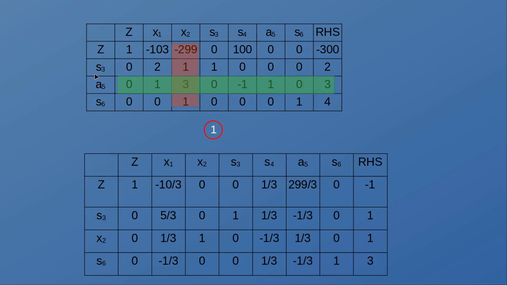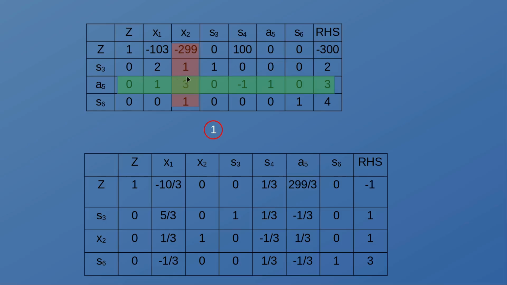Then, leaving the first equation, that is the Z equation, we take all the other rows, take the RHS and divide it by the coefficient under x2, and see where we get the least ratio. The least ratio, of course, is for A5. 3 by 3 is 1. So this is the least ratio. So we draw a box in this entire row.